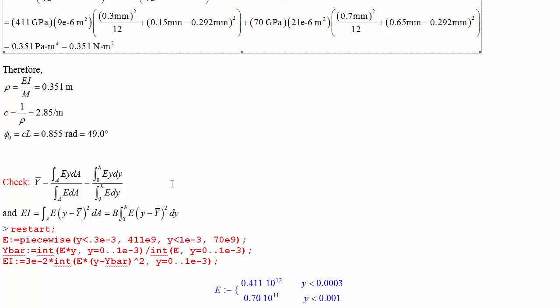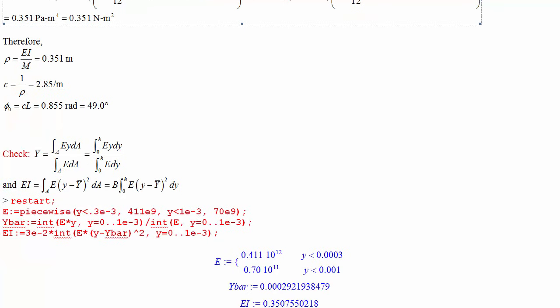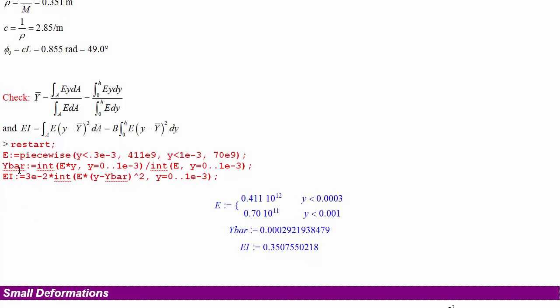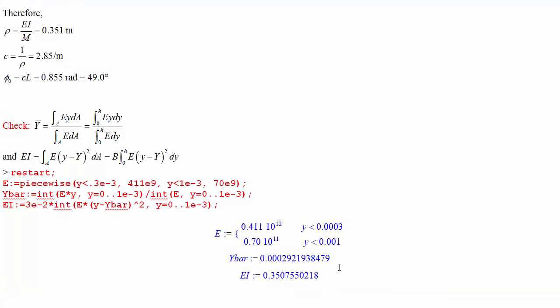And we can check this using our integral formulas, say by defining a piecewise function in Maple, calculating the location of the centroid by the integral of the position weighted by the Young's modulus, divided by the integral of the Young's modulus. And then EI is the integral of the position relative to the centroid squared, weighted by the Young's modulus. And that's it. Same results as above.